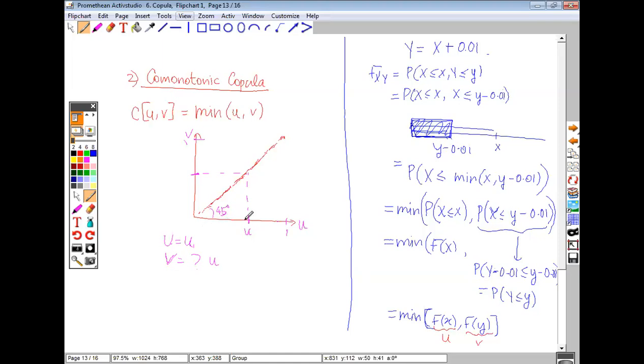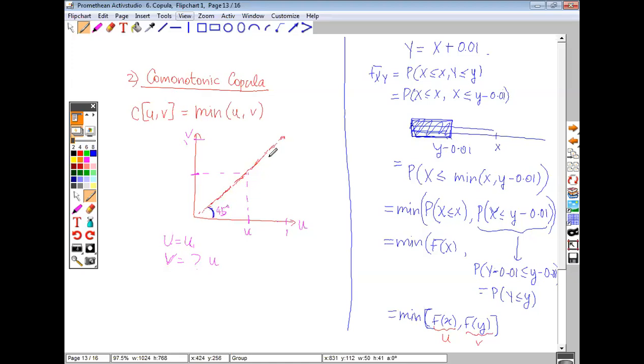Again, we saw that if we try to simulate random values, let's say I give you a value of u, which is A, and tell you that the dependency structure is a comonotonic case, where the variables are perfectly positively related, then you can easily say that your v will also be A. Because in a comonotonic case, we have 0 to 1 and a perfect relation, so this line will make a 45-degree angle.